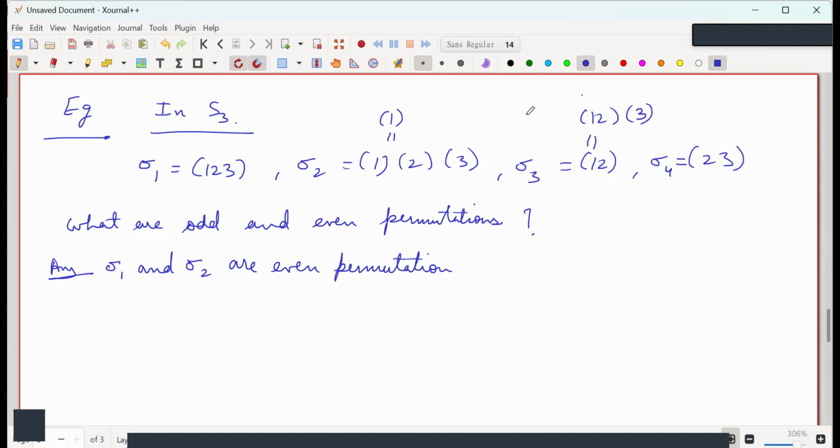Sigma 1 has no even length cycle. Sigma 2 also has no even length cycle. So 0 is also considered to be an even number. So 0 even length cycles means it's an even permutation. And sigma 3, sigma 4 are odd permutations because they both have one even length cycle, right?